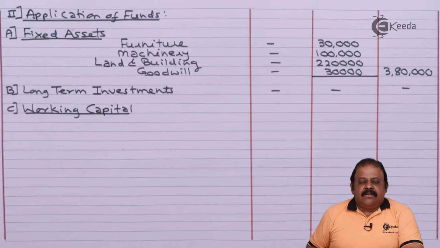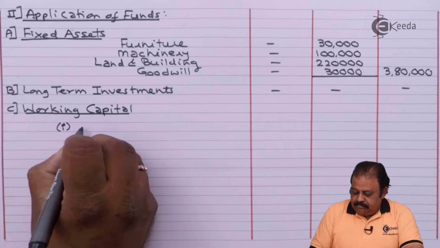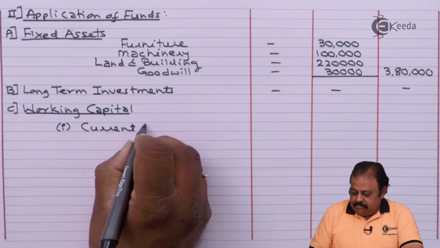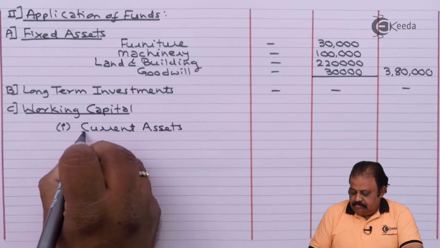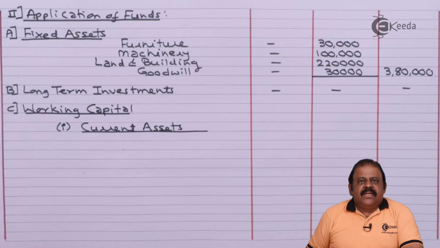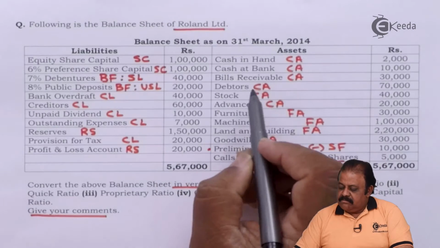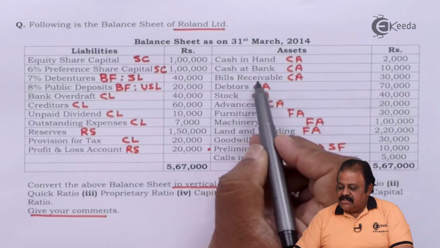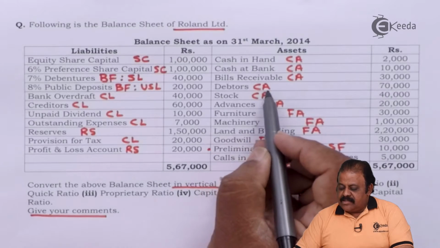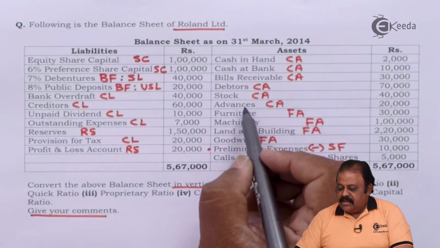Next, working capital. There we have first current assets. Cash in hand, current asset. Cash at bank, current asset. Bills receivable, current asset. Debtors, current asset. Stock, current asset.